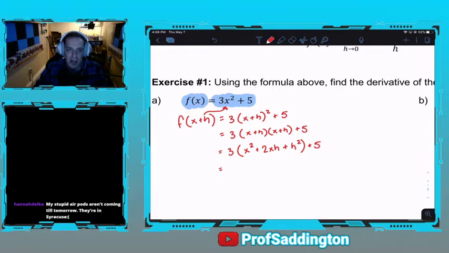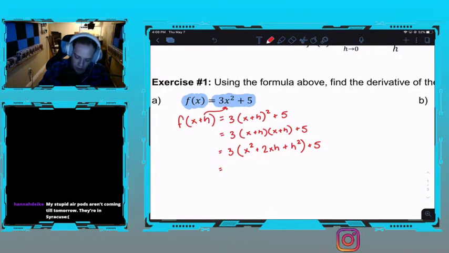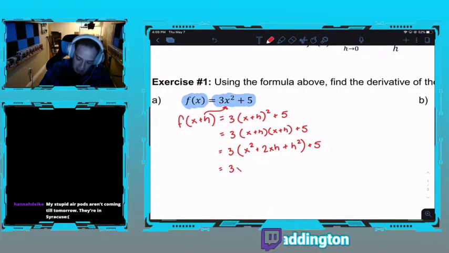And I hope I'm not losing anybody right now that's going through this. But then I'm going to distribute that 3 into the parentheses, and I'm going to have 3x squared plus 6xh plus 3h squared plus 5.